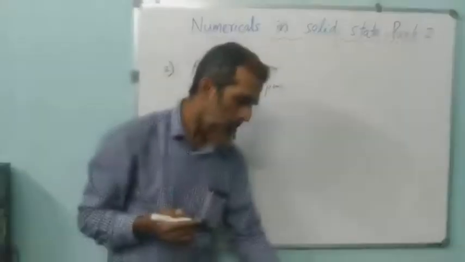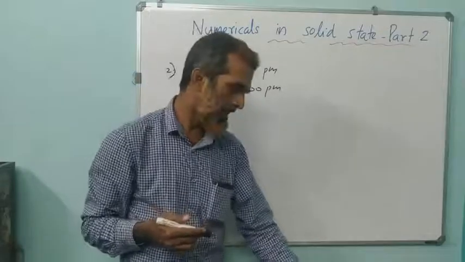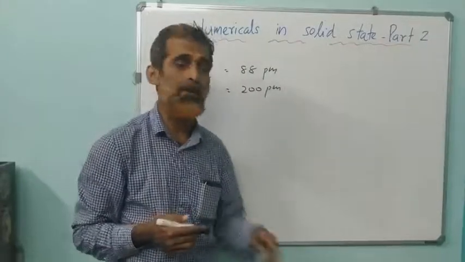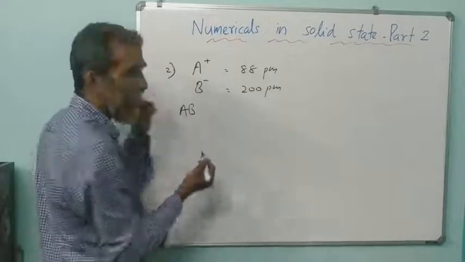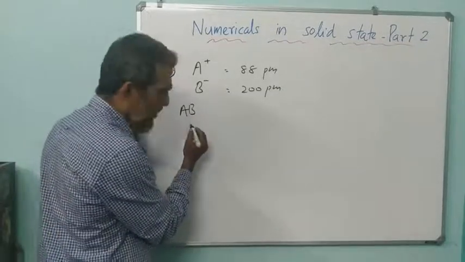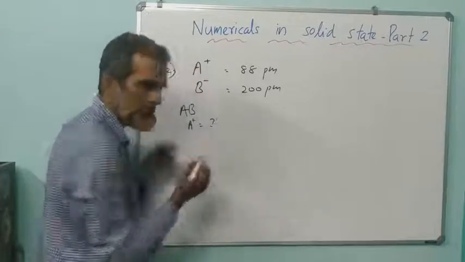In the close packed crystals of the compound AB, predict the coordination number of A plus. So in the compound AB, of course this is an ionic compound, what is the coordination number of A plus? That is asked, right?